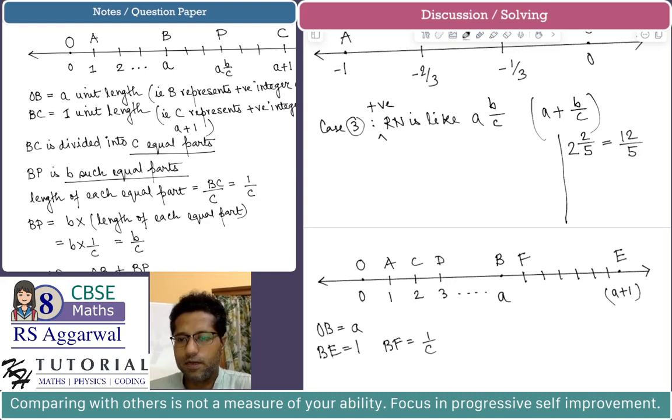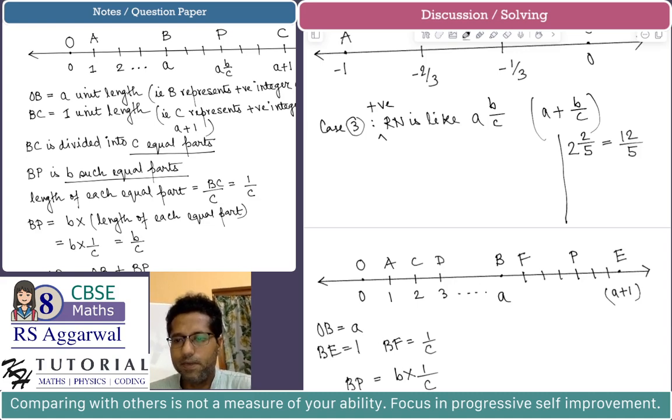Now finally we will consider a point P at the marking such that the point P is at a distance of b such equal parts from B. Now BP will be b times 1 by c from the point B, that is, b by c.